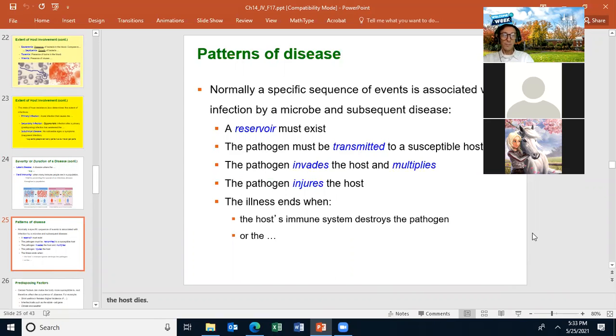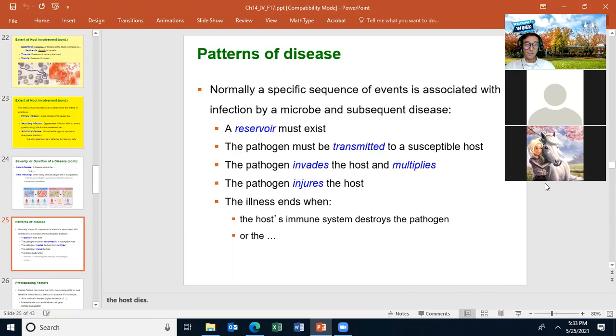All right, let's talk about the patterns that disease takes. Normally, a specific sequence of events is associated with an infection with a microbe, and many of them follow the same pattern of disease. A disease has to come from a reservoir, so a reservoir must exist where the disease comes from. The pathogen must be transmitted to a susceptible host.